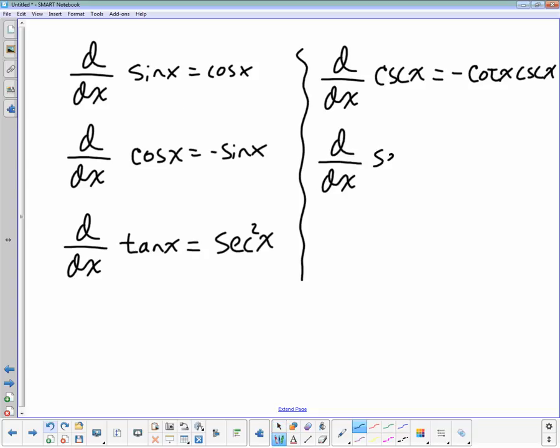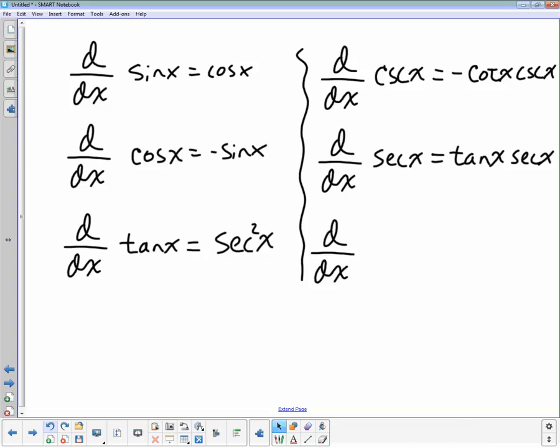Derivative of secant is tangent secant. And the derivative of cotangent is negative cosecant squared. Those are the trigs that you need to know now.